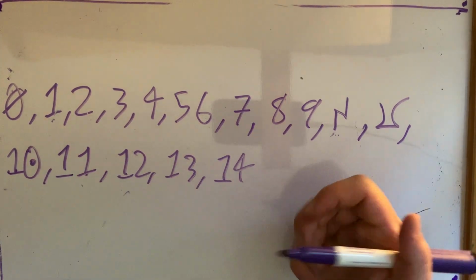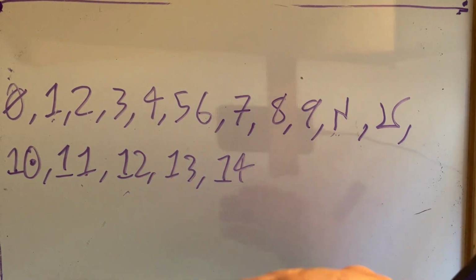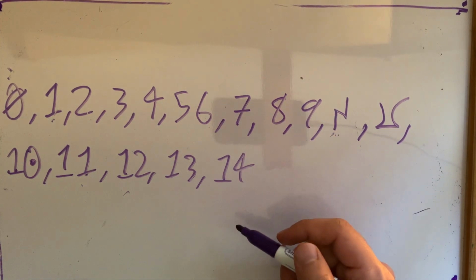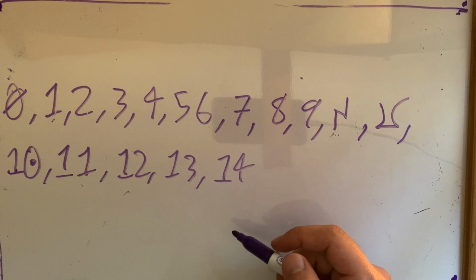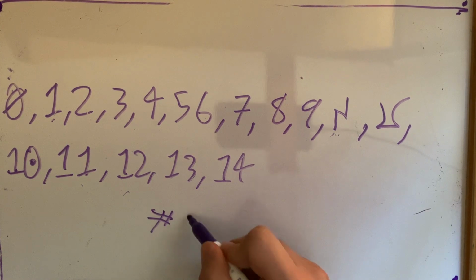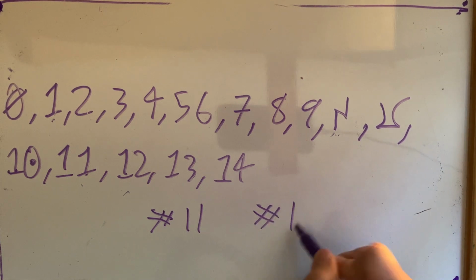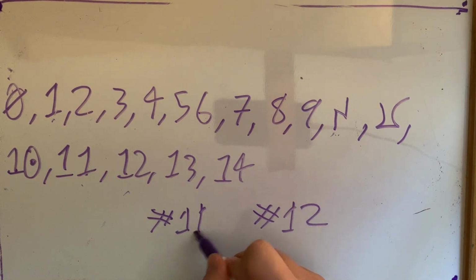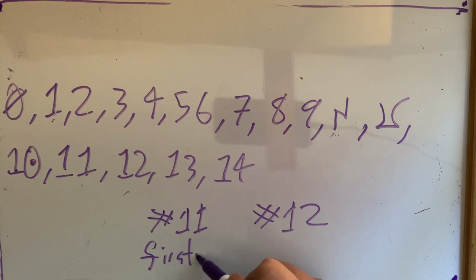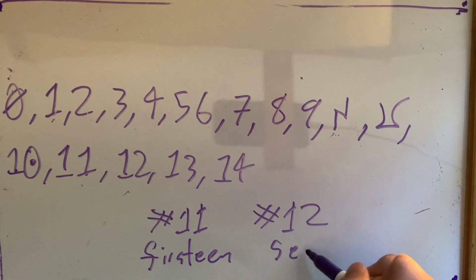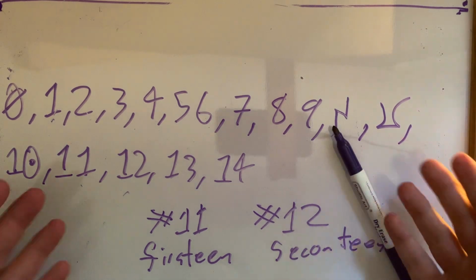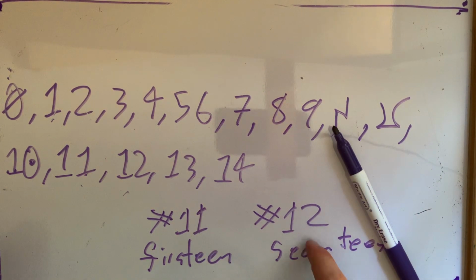If English was a romance language like Italian, Spanish, and I believe French is like this too, we wouldn't be saying 11 and 12. We would be saying first-teen and second-teen. But because we're a Germanic-speaking language, we say 11 and 12 instead.